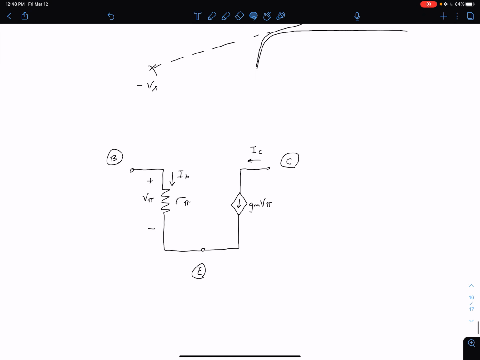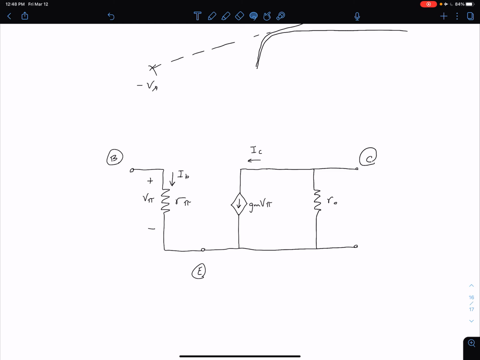So what we need to do is add a resistor R0 between our collector and emitter. So let's extend this collector a little further this way. Here's our new collector, and then let's extend this bottom portion here so we can connect some resistor R0 between our collector and our emitter.